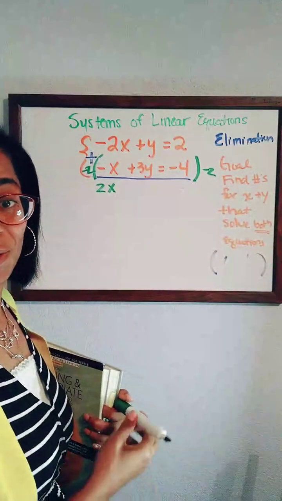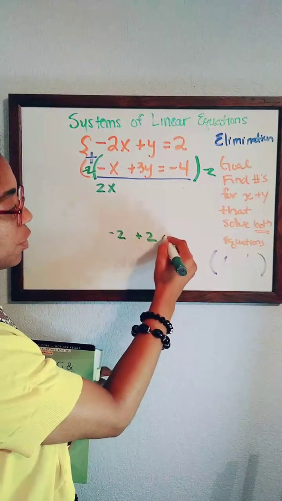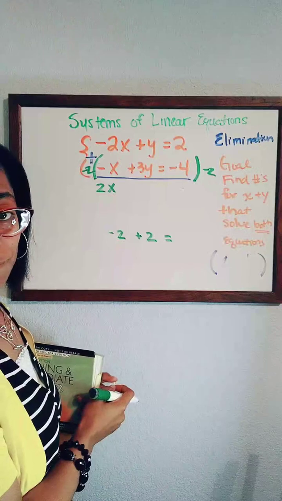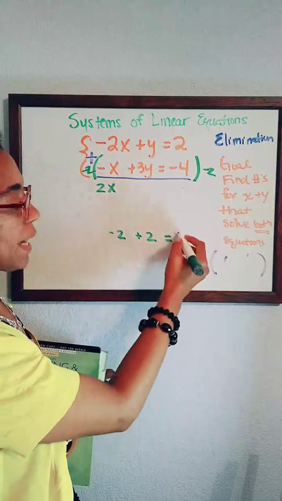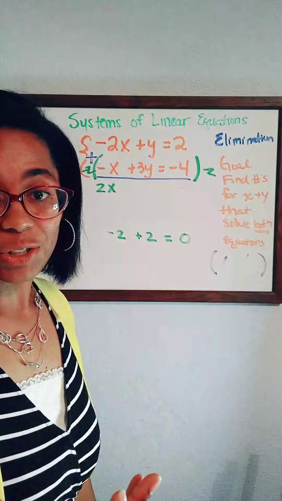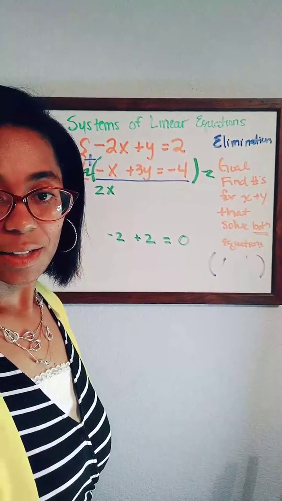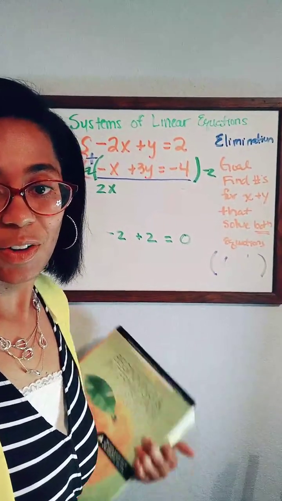A 0, right? A -2 and a positive 2 is equal to 0. And that's what I'm trying to do, I'm trying to make a 0. Is that right?